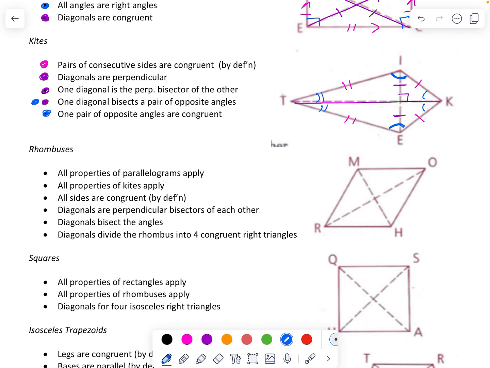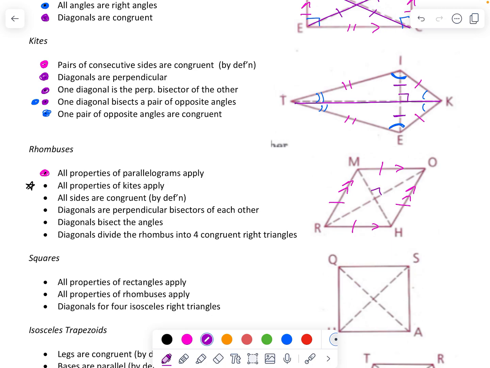Now for the rhombus, all properties of parallelograms apply. So opposite sides parallel, but remember for the rhombus, all sides are congruent. So all sides are going to get 1 mark. Also notice it says all properties of kites apply, which means that is a right angle. And because all properties of parallelograms apply, oops, I'm going to back up and do those in purple.